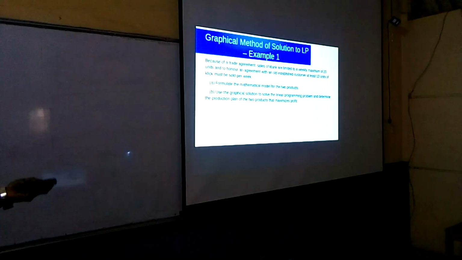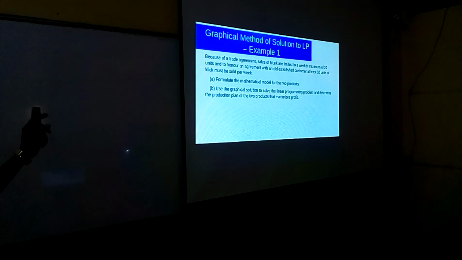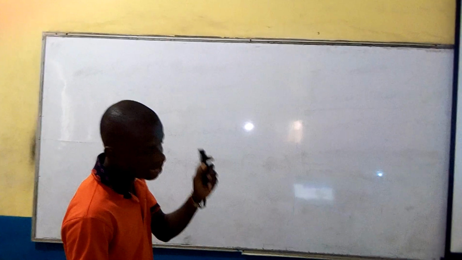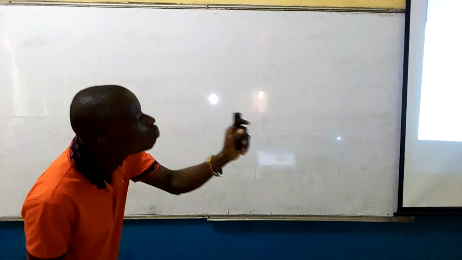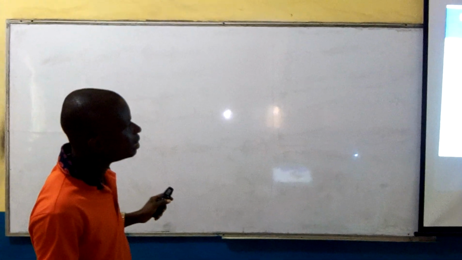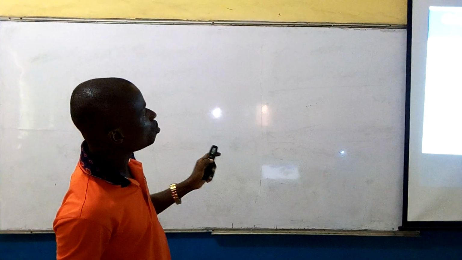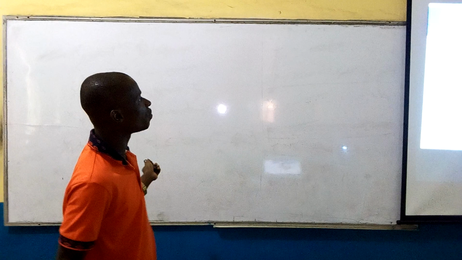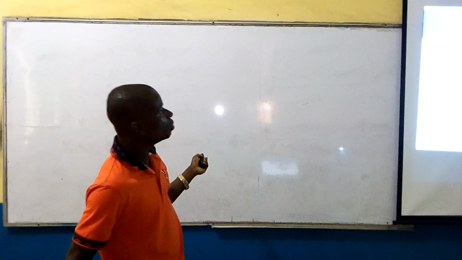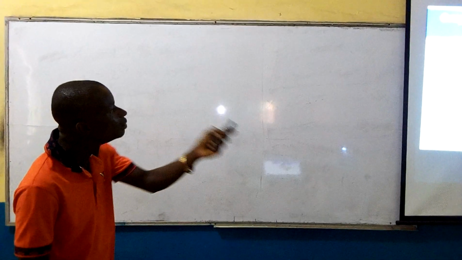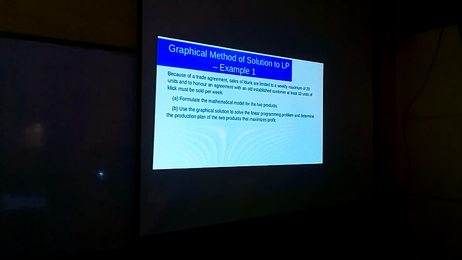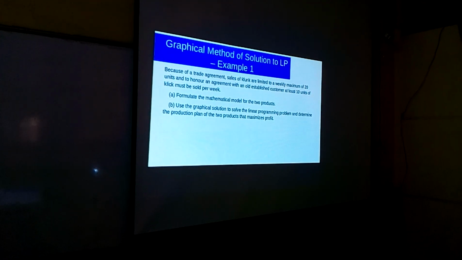Now, because of a trade agreement, sales of Clank are limited to a weekly maximum of 20 units. You can't go beyond 20 units. And to honor an agreement with an old established customer, at least 10 units of Click must be sold per week. So for Click, we can go beyond 10, but for Clank, the maximum is 20, right?